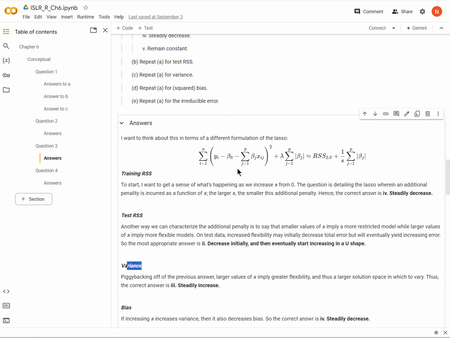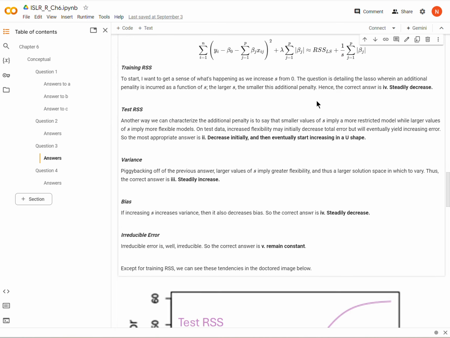Now we're going to do the same thing for ridge regression instead of lasso, but instead of talking about s, we are now talking about lambda. This should be fairly easy because lasso and ridge regression are very similar, and lambda and s are roughly working as inverses.